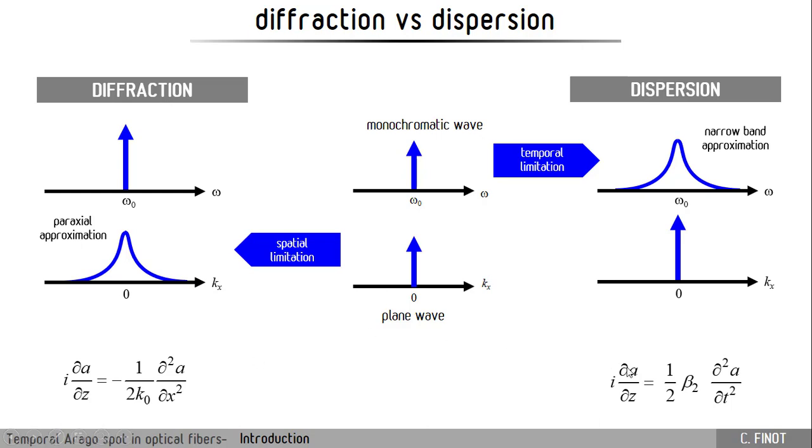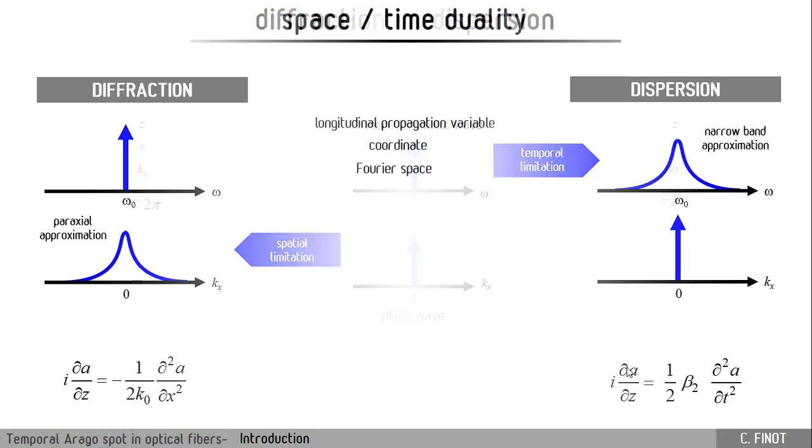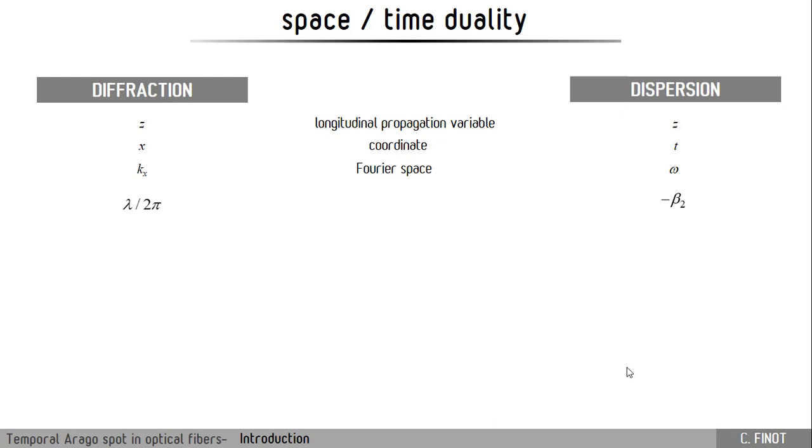We just have to change a few variables, and we can make a table. In both cases, we have the same propagation variable. We just have to change the coordinate that we consider: x, the transverse coordinate in the case of diffraction, and t, the time in the case of dispersion. And we also have to change the corresponding variable in the Fourier space.